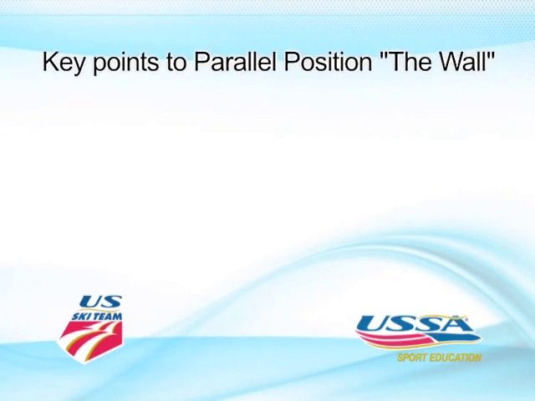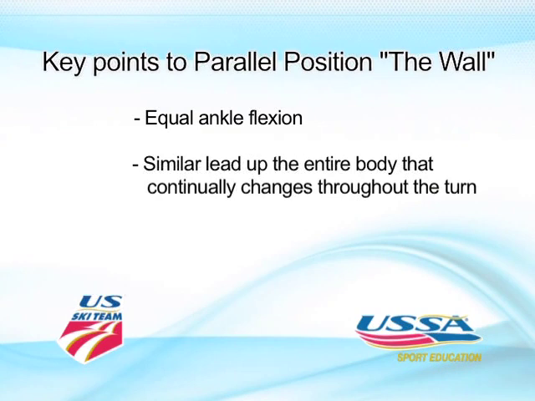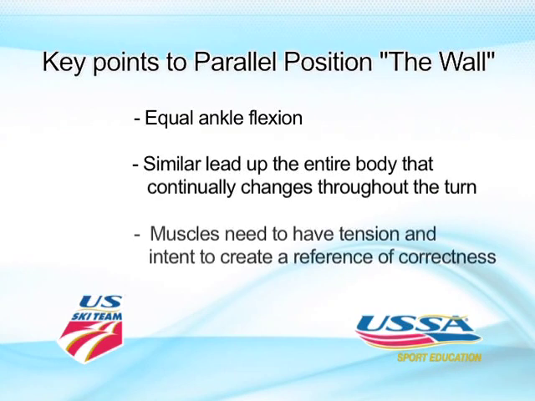Key points of the wall are equal ankle flexion, a similar lead up the entire body that constantly changes during the turn, and muscles need to have tension and intent to create a reference of correctness.